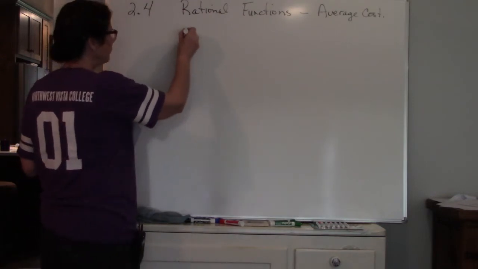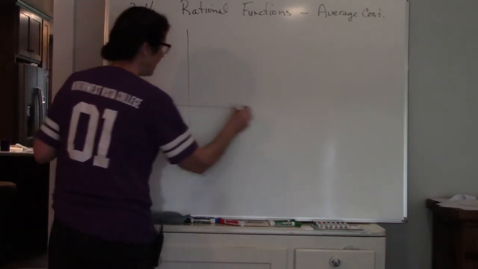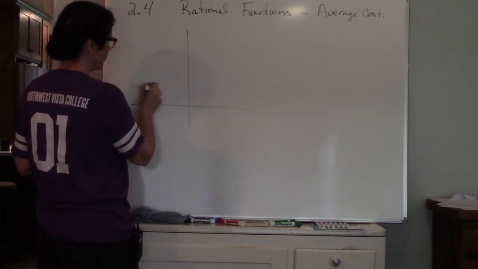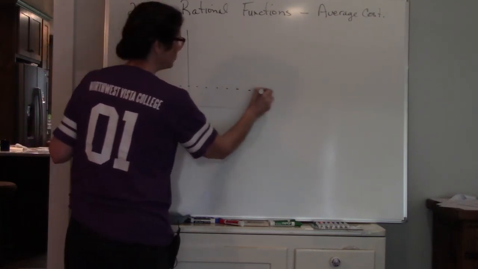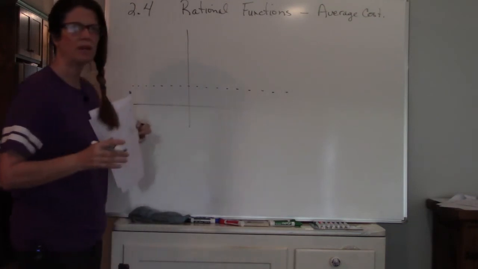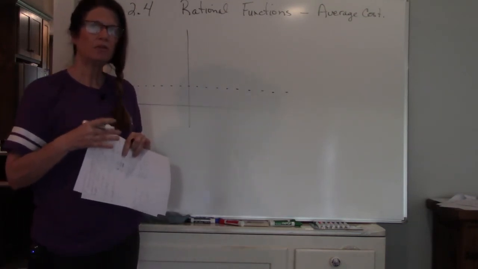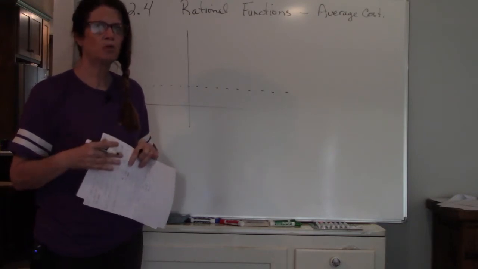When you're graphing, there's going to be a horizontal asymptote. I'm drawing it as a dotted line. What that means is that your graph will approach that horizontal asymptote, but it won't cross it.